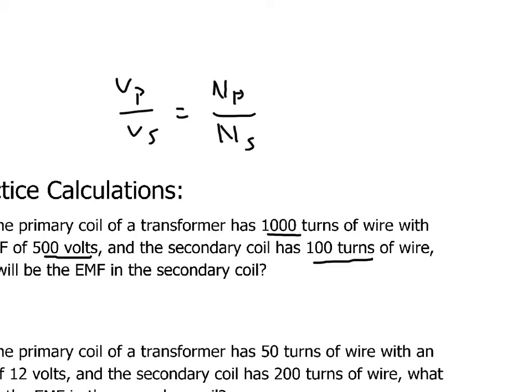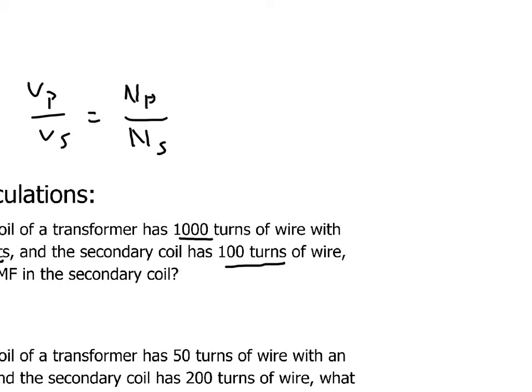So how are we going to set that up? The primary coil, in this case, has 500 volts. Sorry, those zeros are not very good. They look like sixes.